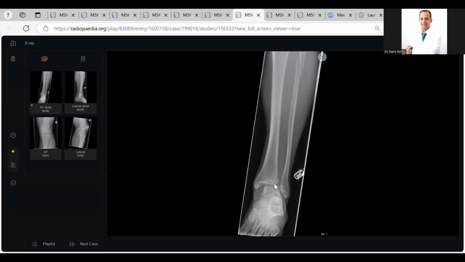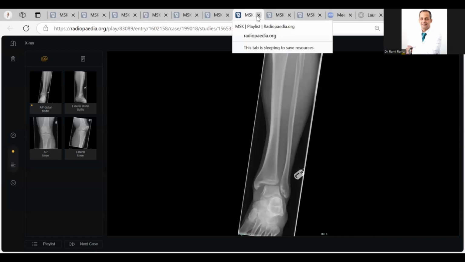When we see a loss of overlapping or widening of the medial clear space due to deltoid ligament rupture, we should tell the examiner I should do an upper leg X-ray to rule out fibular fracture. Maisonneuve fracture is very common and very dangerous due to instability of the ankle.